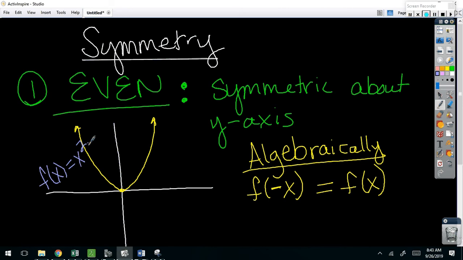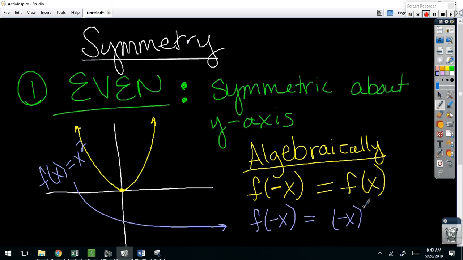That's just a quadratic. Now I can look at it and see that it's an even function, right? It's symmetric about the y-axis. But to verify algebraically, I would need to come over here and say, well, what happens if I make x negative? Well, if f of x is x squared, then I would have changed the x to negative and squared it.